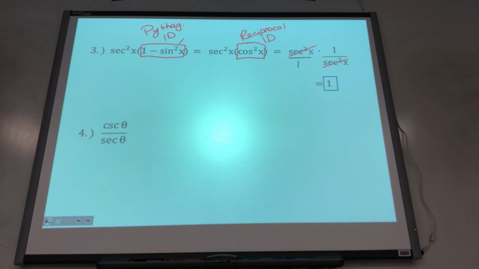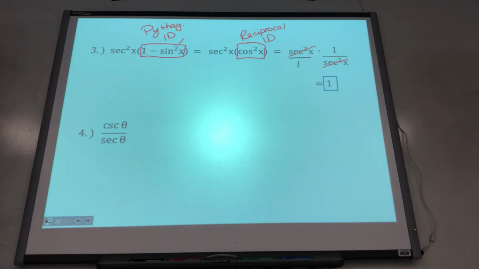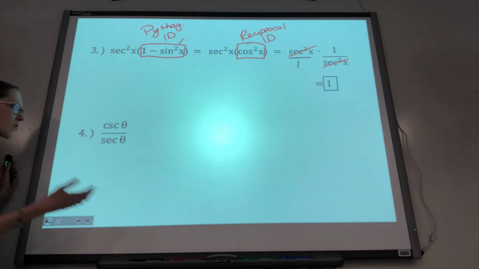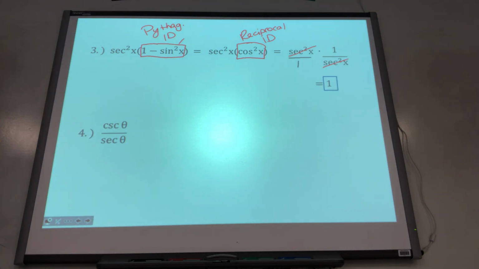I do that a lot. As I'm working on these, I'll do something that I think is right, but if I see toward the end it's not really working out right, then I'll just start over and try something different. Okay, number 4, cosecant of theta divided by secant of theta.